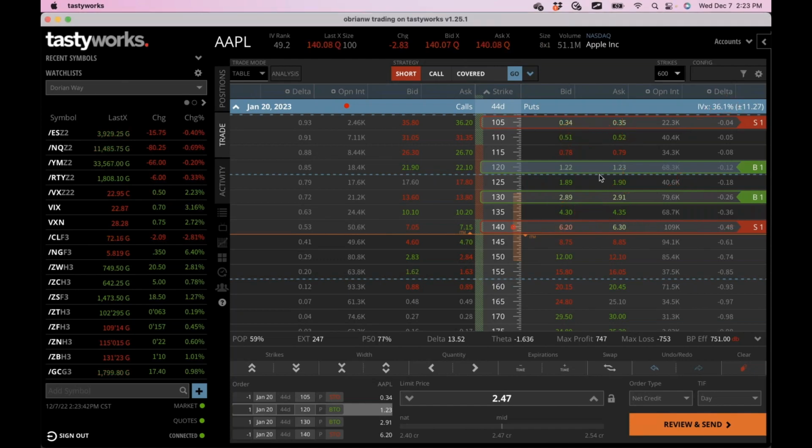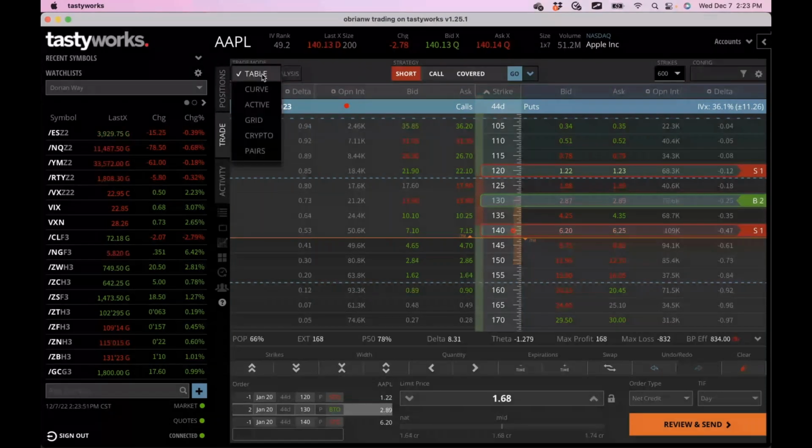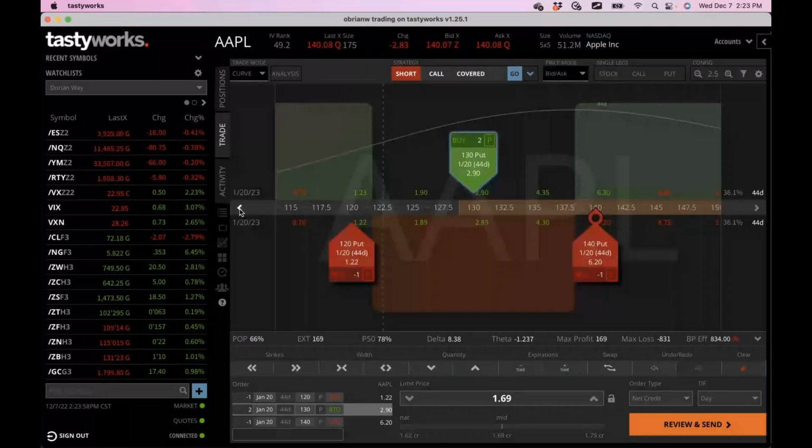And so when we change this back, this is how the butterfly looks. This is the traditional butterfly, right? It looks just like that. And then if you go to a curve view, you'll see the TastyWorks curve view has been acting up a little bit, but this is how it works, right? So this is the at the money line.